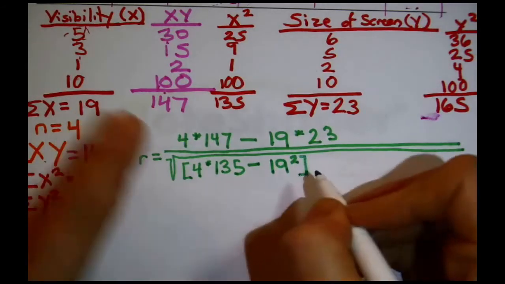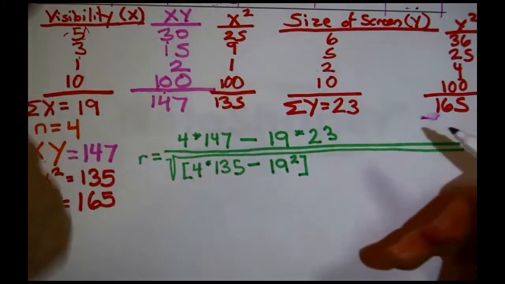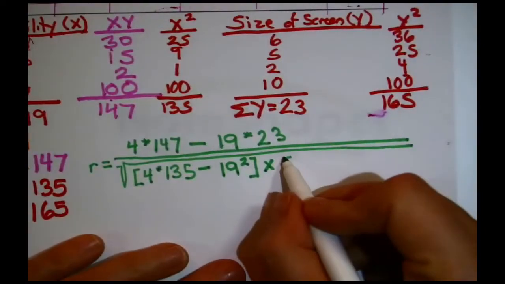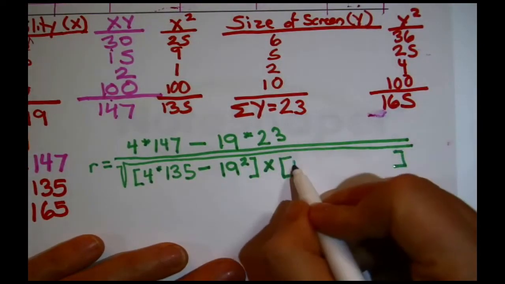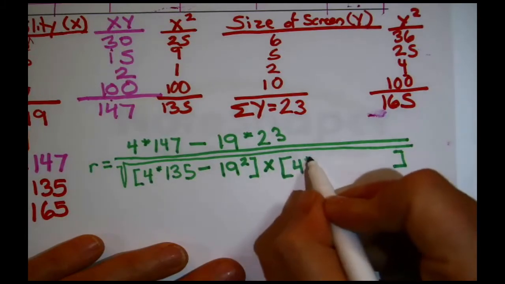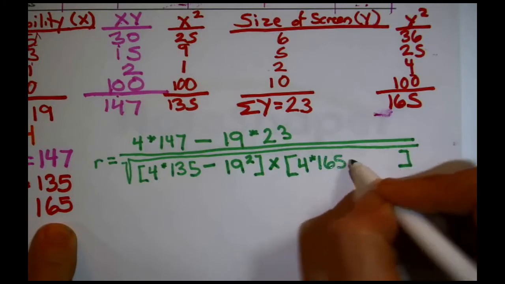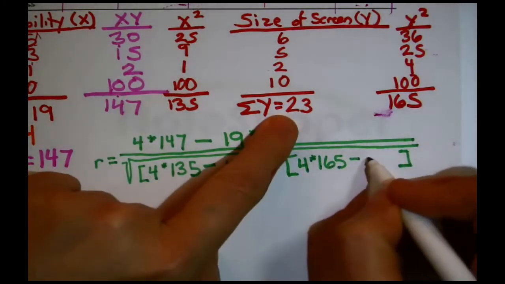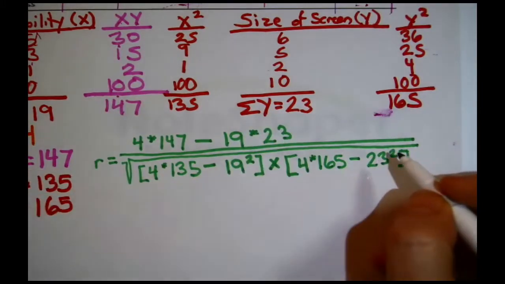So inside this bracket you say 4 times 135 minus 19 times 19. Okay, and that result is multiplied by something that looks pretty similar, but it's just y's. 4 again, times the sum of y squared, that's the 165, minus the sum of y, just the plain old sum of y, 23 squared. So 4 times 165 minus 23 times 23.